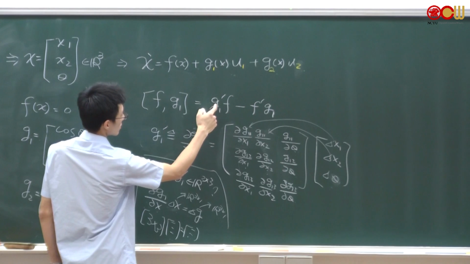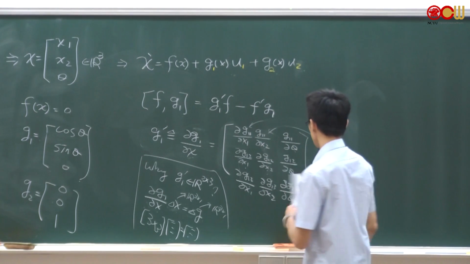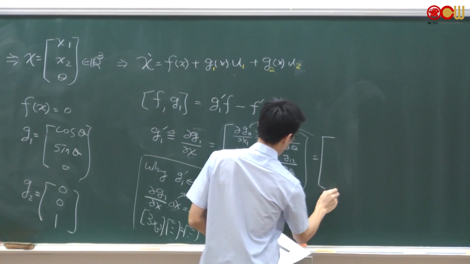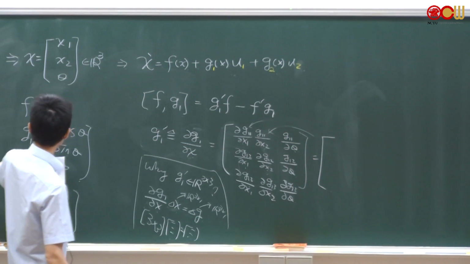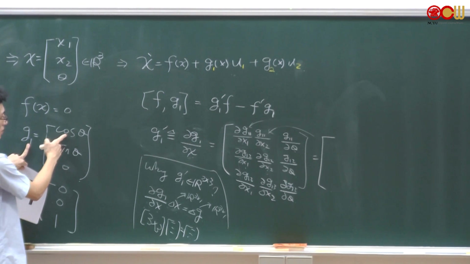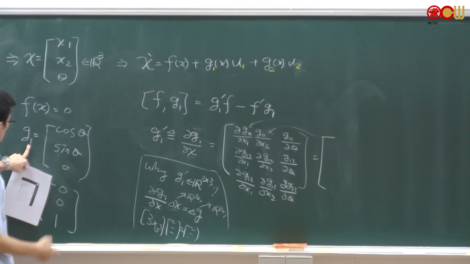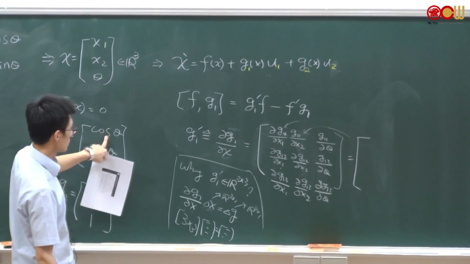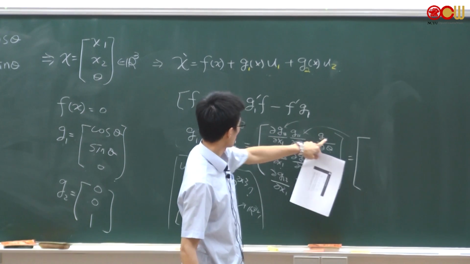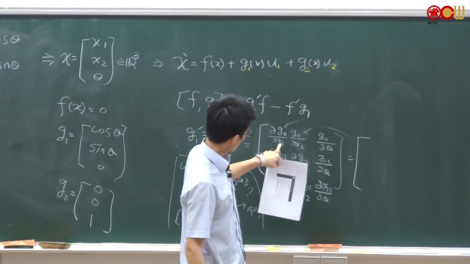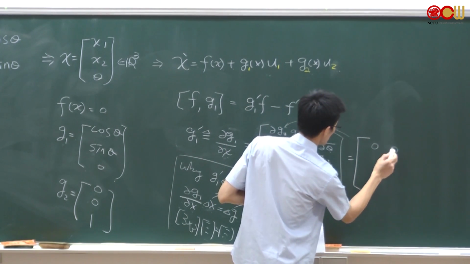So what is the gradient of G1? G11 means the first element of G1, and G12 is the second element of G1. G11 is cosine theta, which is independent of x1 and x2, so those entries are 0, 0.